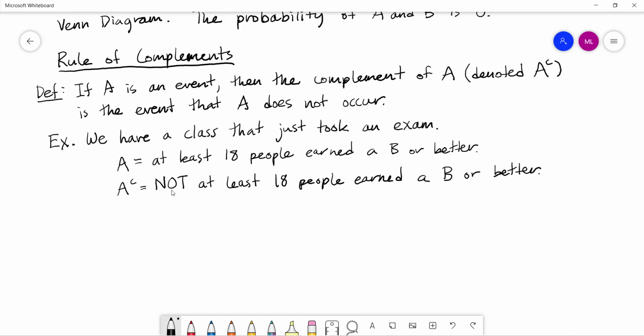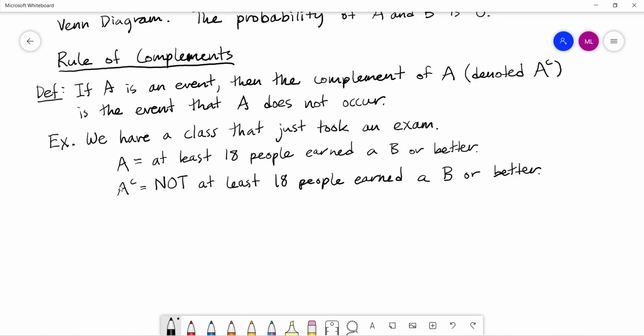Now, granted, this makes this person sound like they don't really speak English. This is a really awkward sentence. Not at least 18 people earned a B or better. So we need to find a better way to phrase it. But the idea behind it is the same. So either event A occurred, in which at least 18 people earned a B or better, or event A complement occurred, where not at least 18 people earned a B or better.